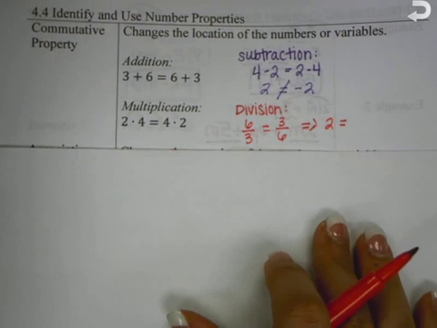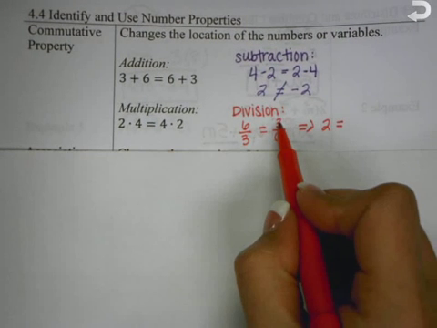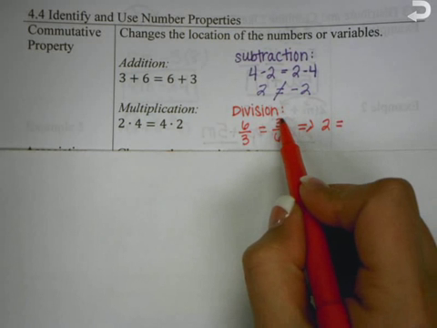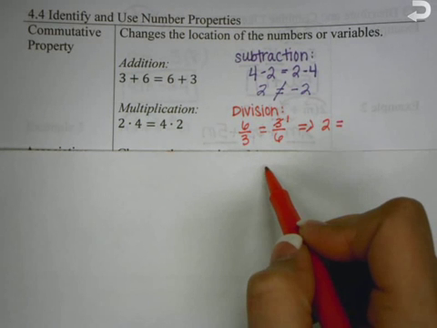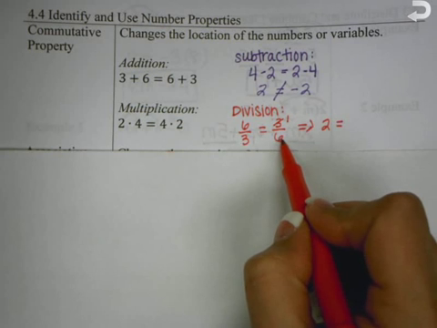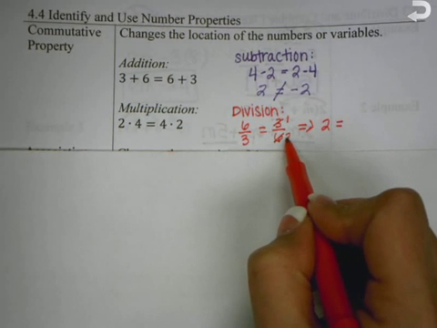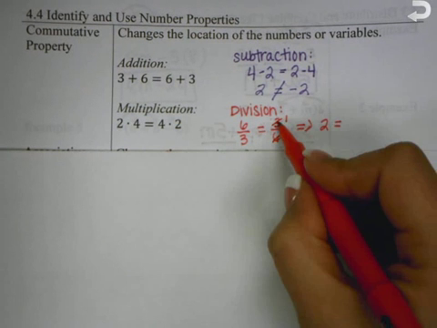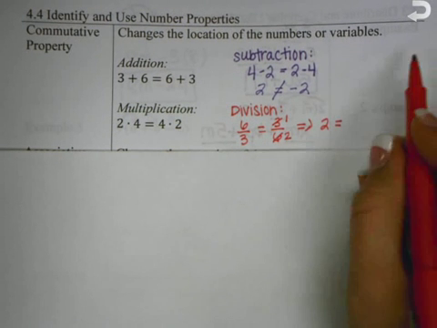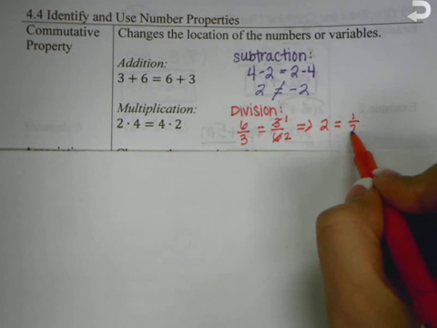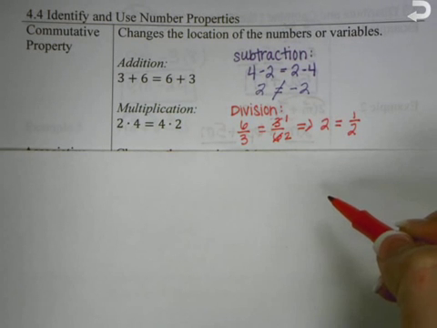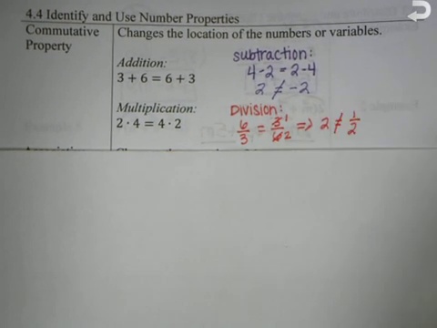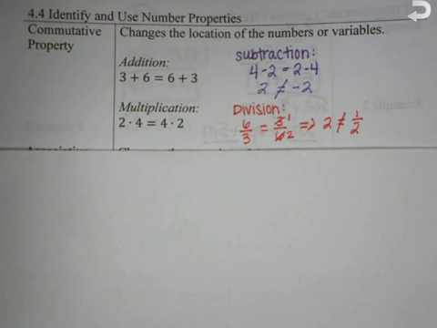How many times does 3 go into 3? 1. How many times does 3 go into 6? Twice. So what is 3 divided by 6? 1/2. Is 2 and 1/2 the same? No. So order also matters in division. Does that make sense? Okay.